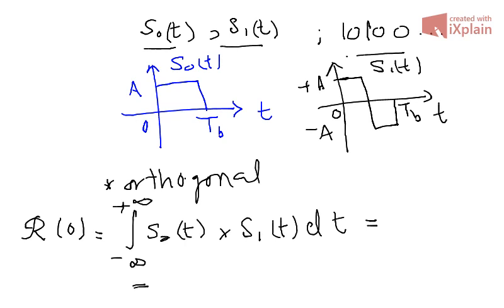You can just break it into two integrals, from 0 to TB over 2. The period is TB, not 1, so you generalize to TB.